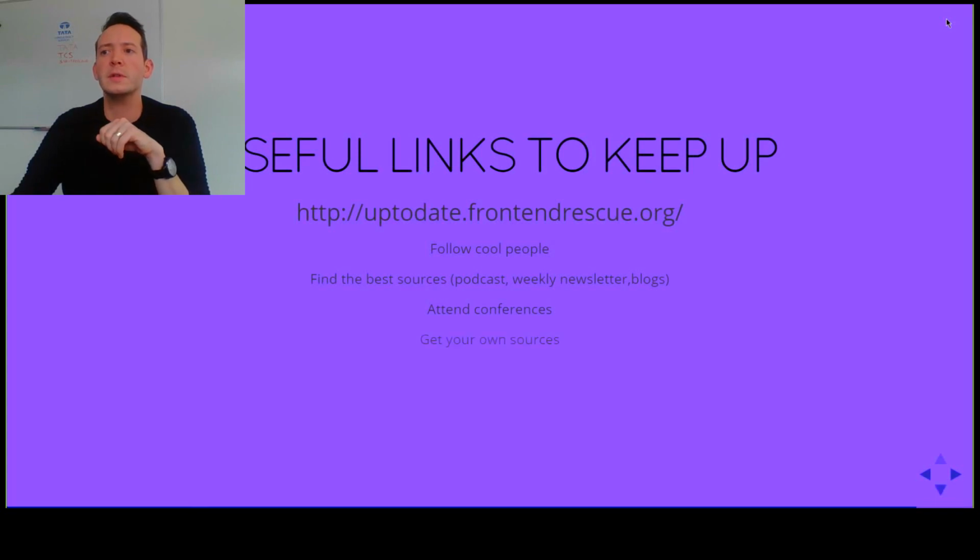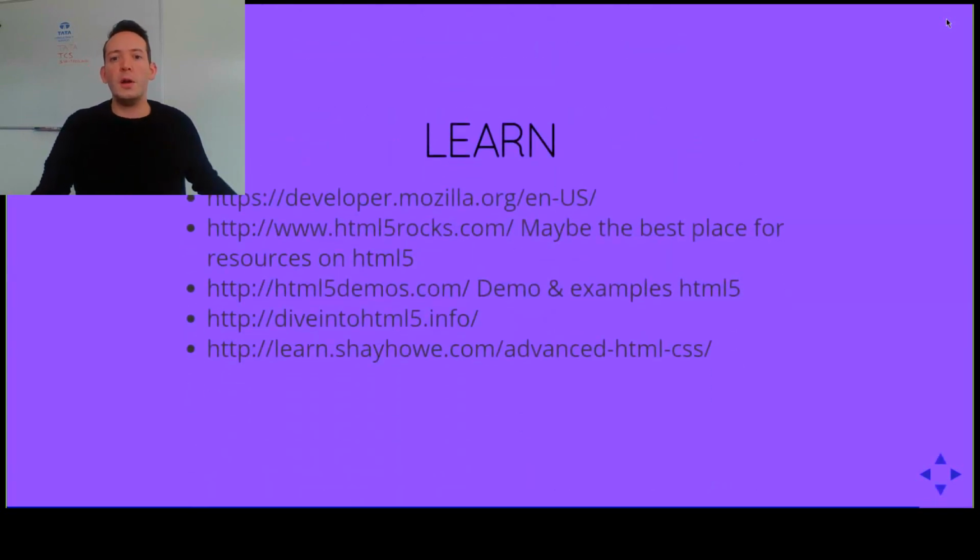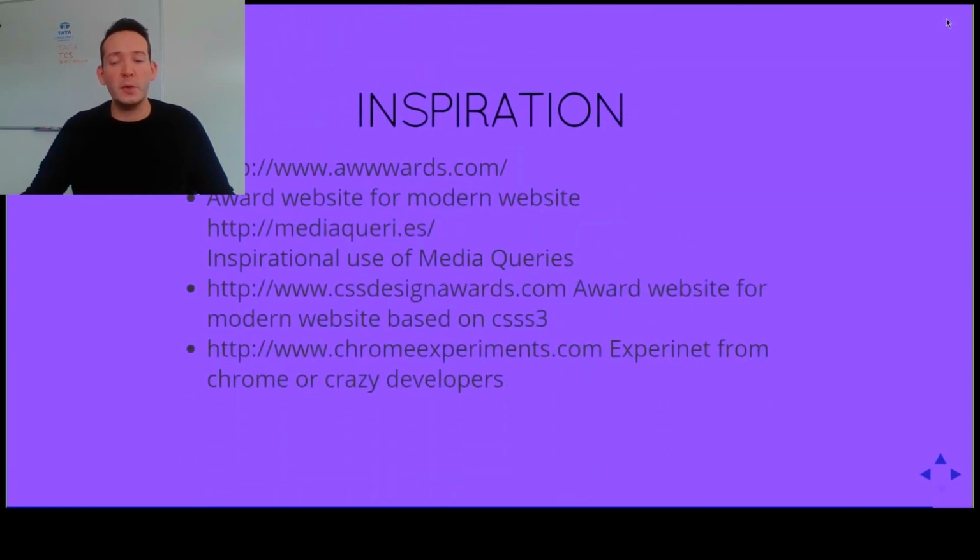Conferences and resources. We have a list of learning websites that I suggest to you. I put only 5 just because it's better to have few links than 20, 30 and so on. And inspiration is just websites where you can find very nice applications, or not only, especially the last one, Chrome Experiments.